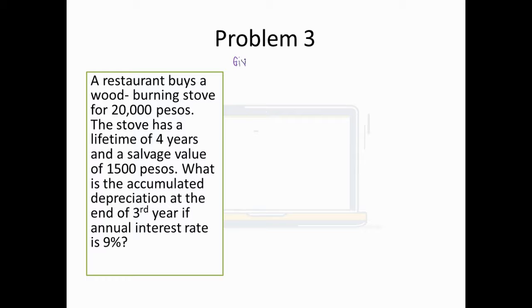We have the initial cost of the stove, or C sub 0, and our C sub 0 is equal to 20,000 pesos. The stove has a lifetime of 4 years, so L is equal to 4. A salvage value of 1,500 pesos, so C sub L is equal to 1,500.